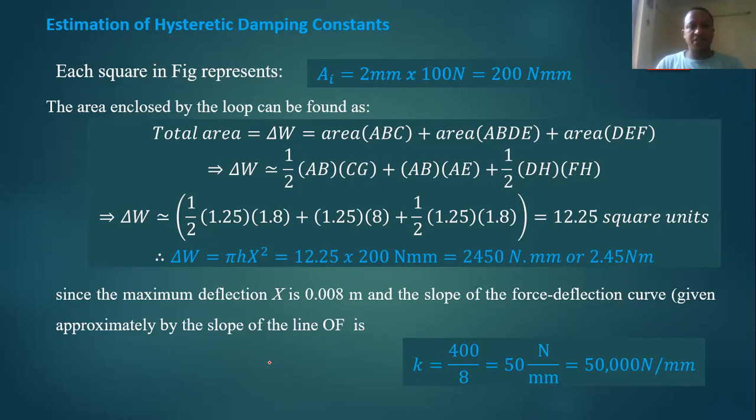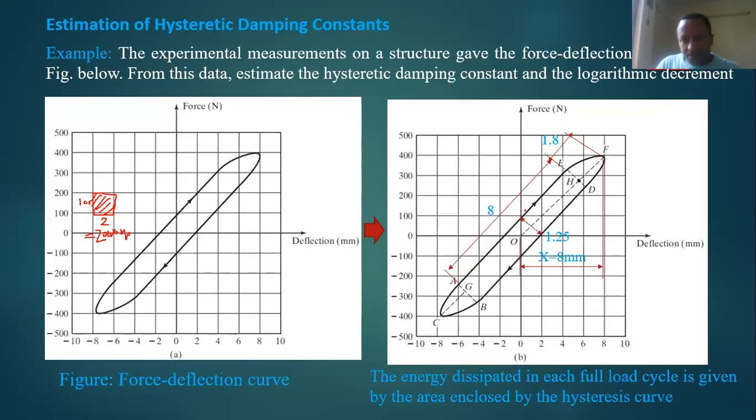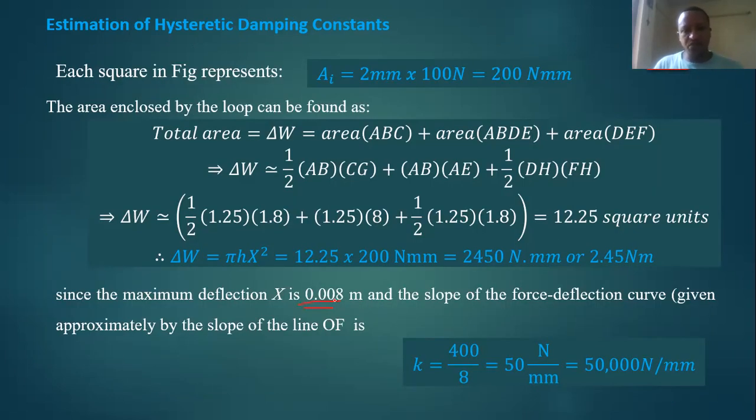The maximum deflection x is 0.08. From where can we get this? We can get the maximum deflection here, from here to here, 0.08, so it is approximated as 0.008 meter or 8 millimeter.